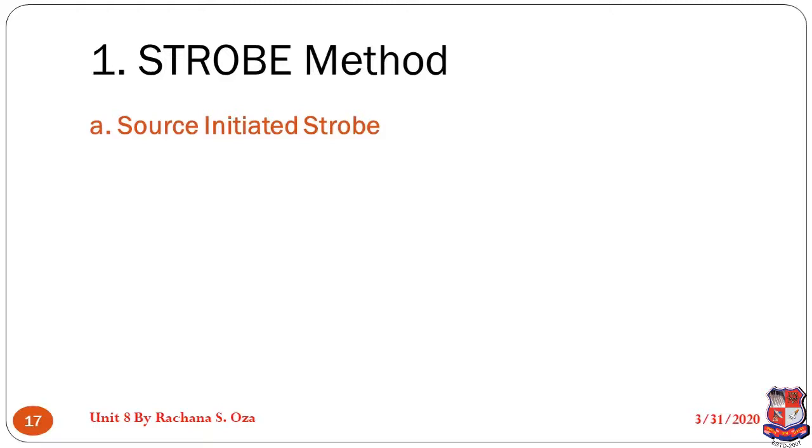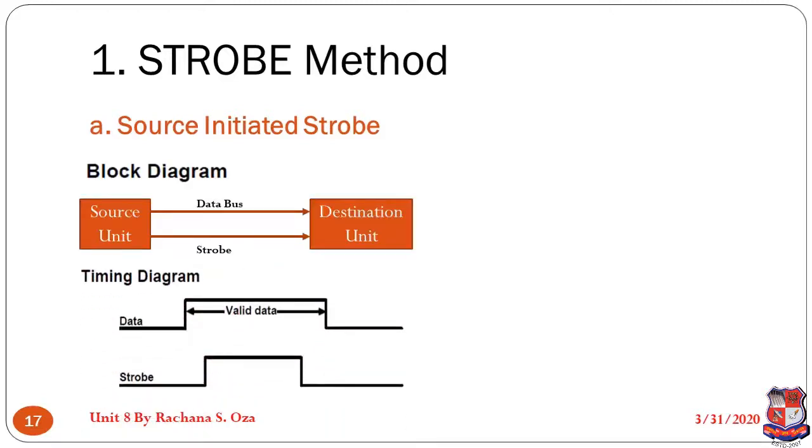Let us understand the same thing with respect to the timing diagram. Over here in the timing diagram, you can see that the data is placed over here. Now when the strobe goes from 0 to high level, only during this time is the data valid for the destination unit.